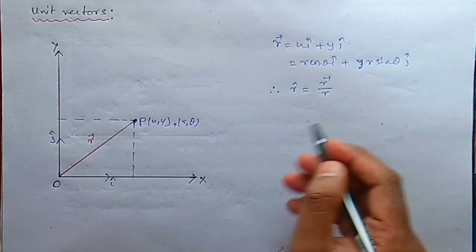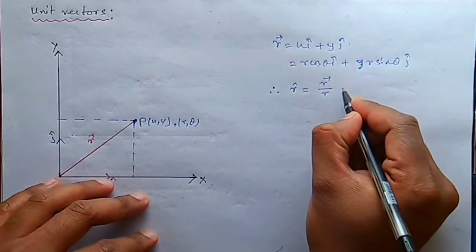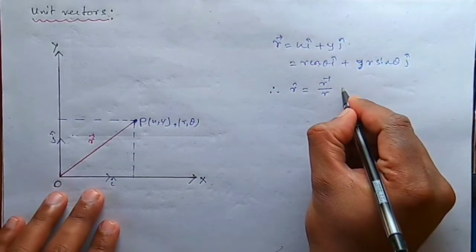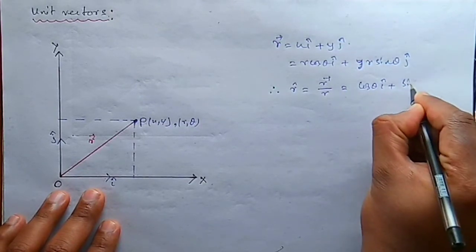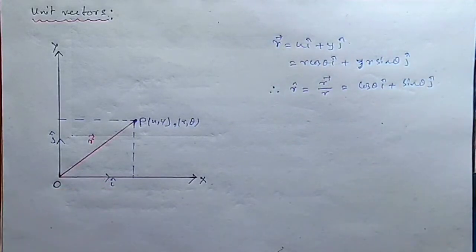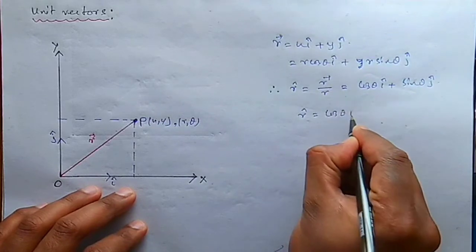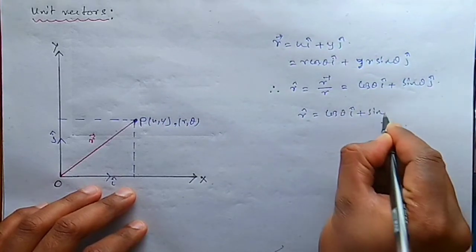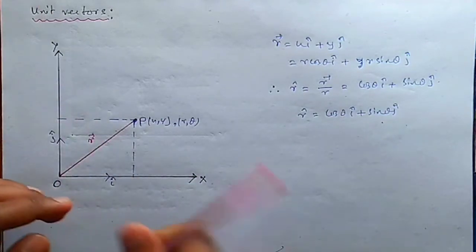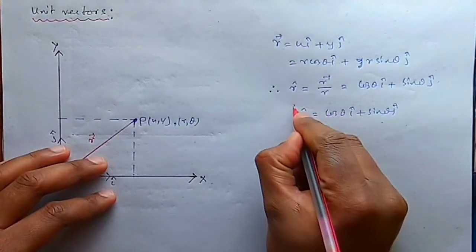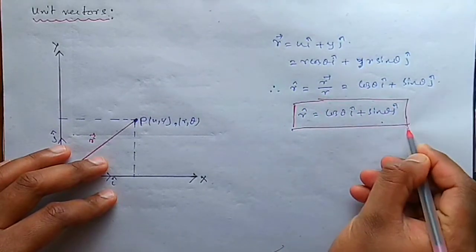We know this relation from vector analysis. So r cap is equal to cos theta i cap plus sin theta j cap. This is equation 1. This is one unit vector.